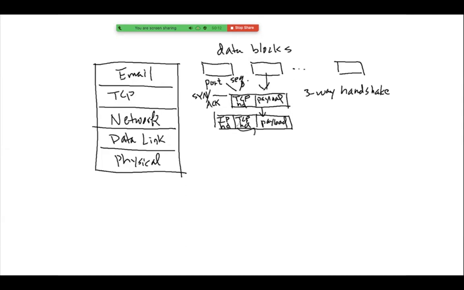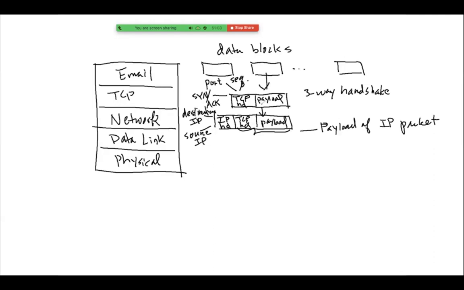This part is the payload of the IP packet. Each of these is called a packet. In this IP header, the two most important things you need to forward this are the destination IP and also the source IP address. These are the IP addresses.